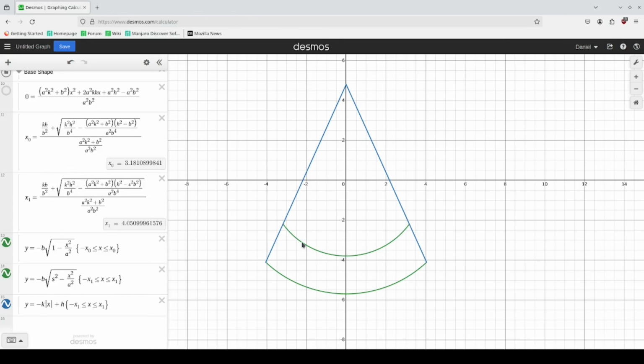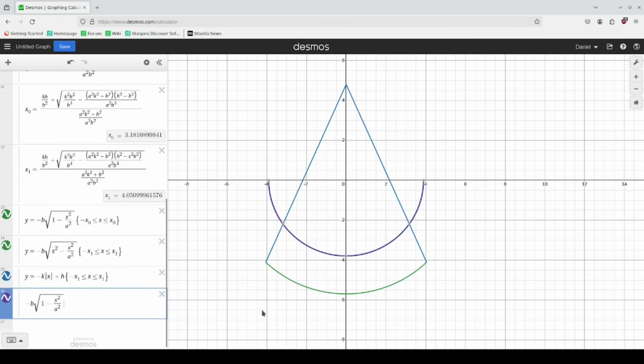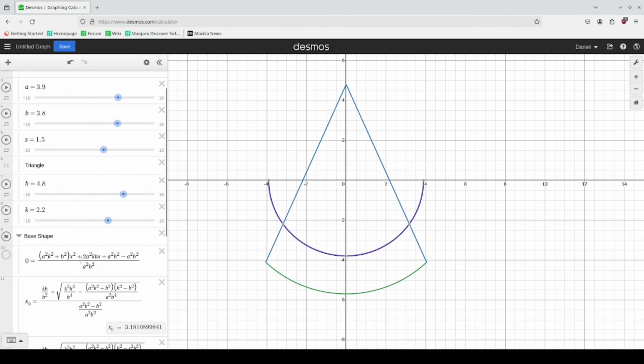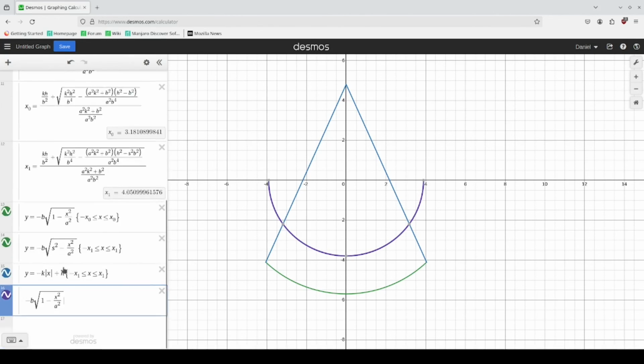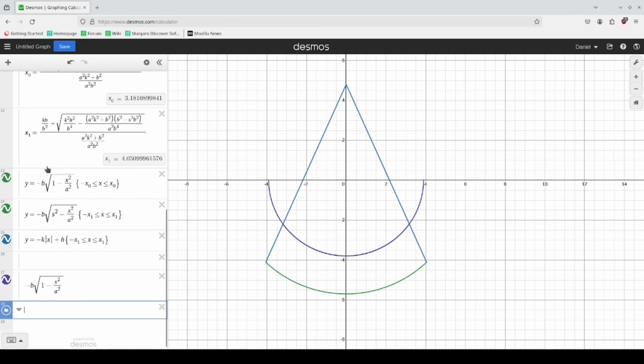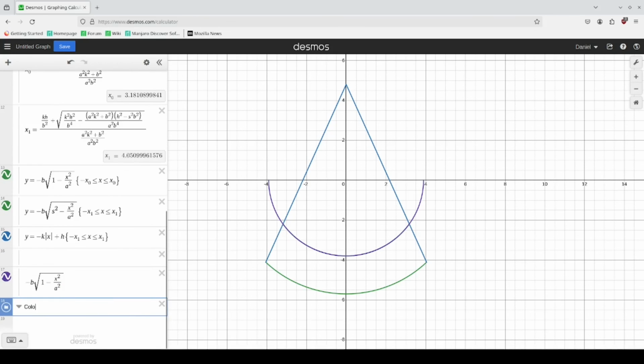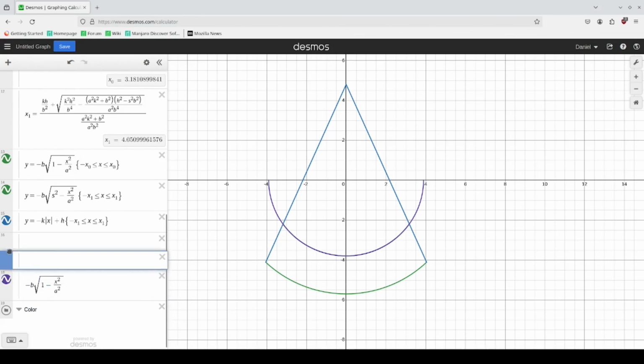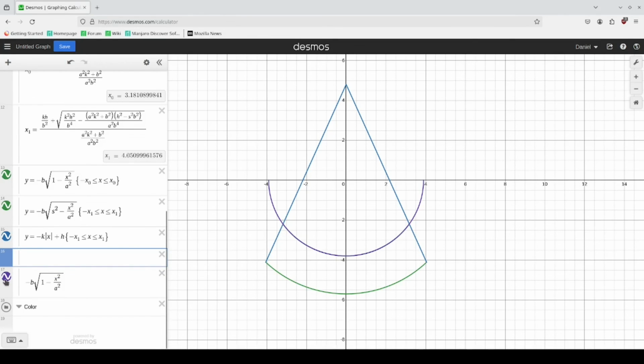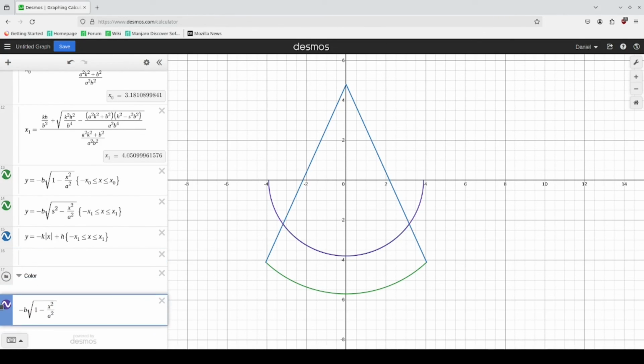Now let's color this thing since we put in so much work for this. So we'll start with this top equation here. So we'll go, actually let's make this is the base shape, and since we're using folders, let's make a folder. I'll put this inside.